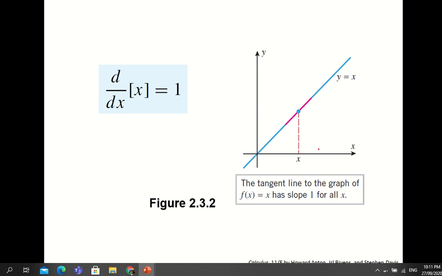So when you divide y by x, it will always give you 1. So the slope is equal to 1 for y equal to x. This is a straight line inclined, sloping towards the right. So the tangent line to the graph of f of x has slope 1 for all x. The slope here is always equal to 1 for all values of x.